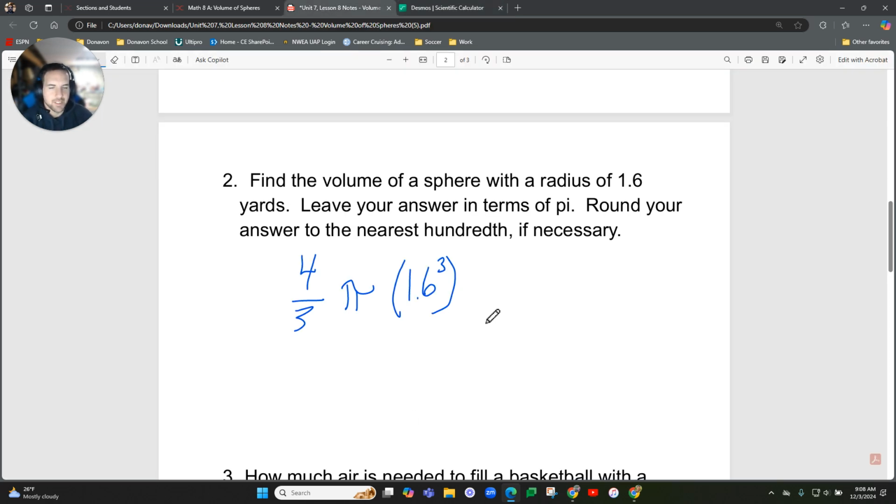So 5.46 pi. And I said this before, but leaving it in terms of pi, I'm not really sure how that's useful, but that's what it tells us to do. Because in no circumstance would I ever tell somebody, yeah, the volume of this thing is 5.46 pi. That makes no sense. All right, but this is cubic yards.